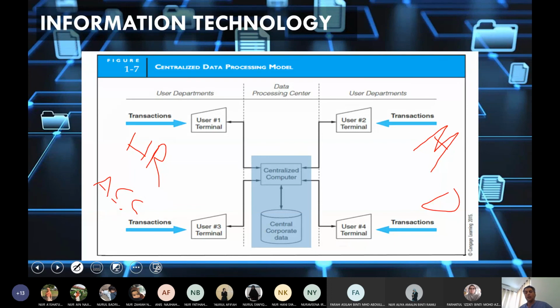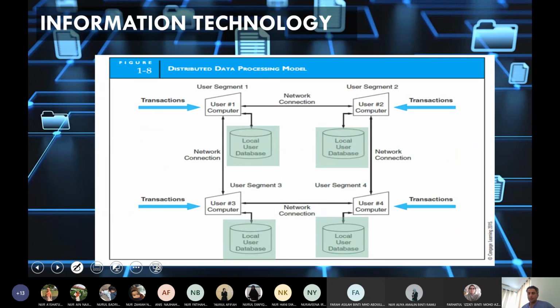Later on we will discuss its advantages and disadvantages. But we also have a decentralized or distributed database, where each function has its own database, and they are somehow connected through a network connection.